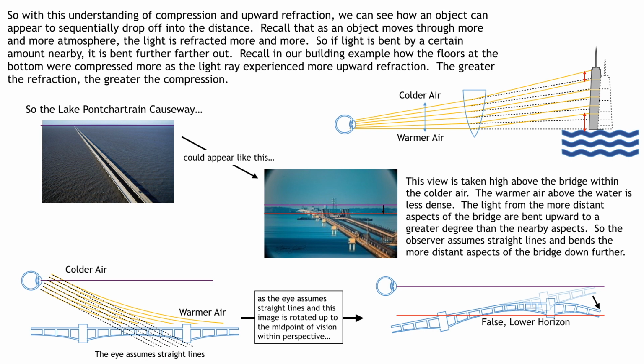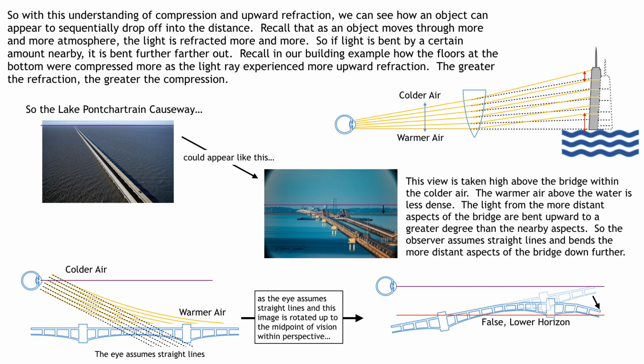The observer then straightens out those lines to assume light traveling as a straight line. Within perspective, we rotate this bridge upward to meet our eye line, and we have a false lower horizon combined with a bent bridge. And that's exactly what we see here.